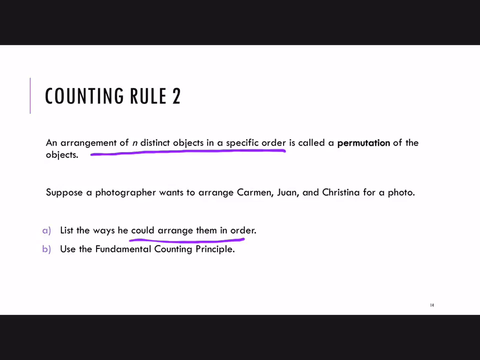Alright, so let's do a tree diagram. So our three choices, we're choosing the people to stand in the first, second, and third spots. Alright, so first we have, could be Carmen, Juan, or Christina.